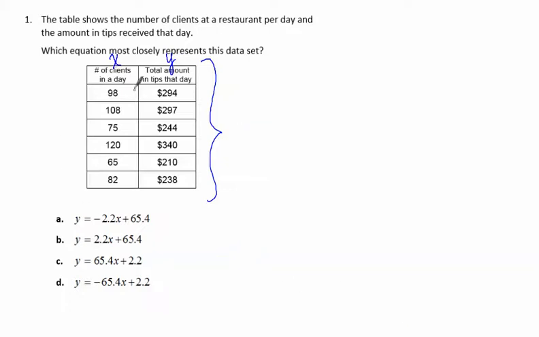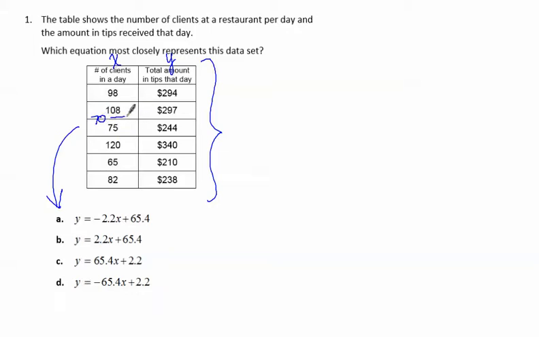Remember that your calculator can take these data points, this data set, and turn it into an equation that can then predict values between the numbers that are given in the data set. For example, this data set does not provide information on what would happen on a day when you get, for example, 70 clients in a day.